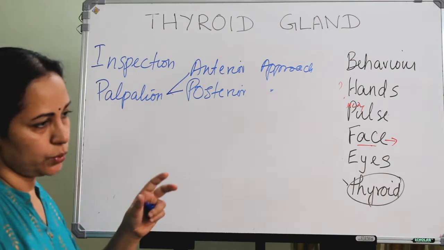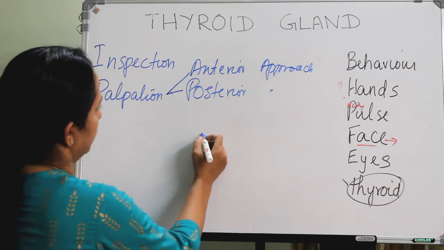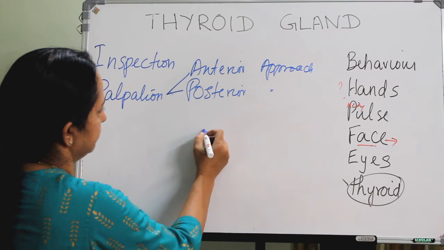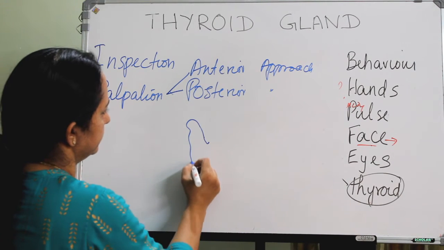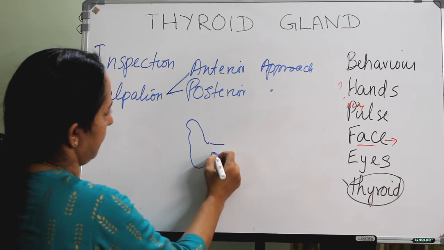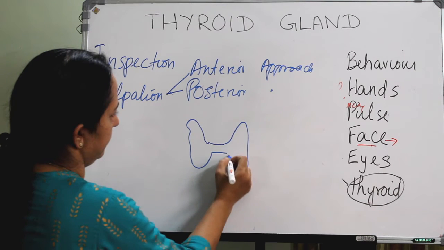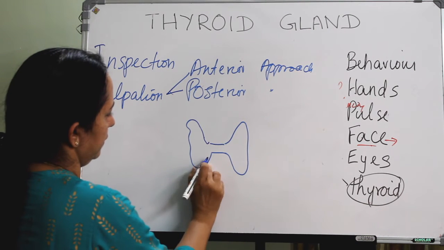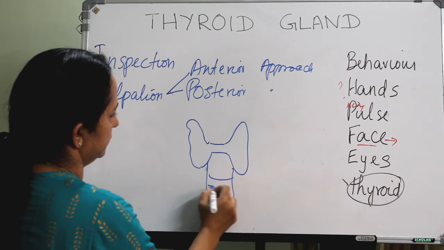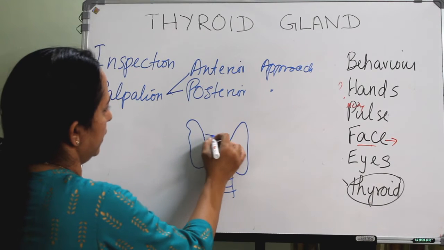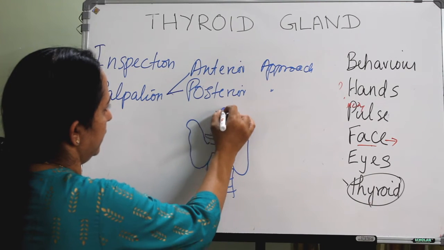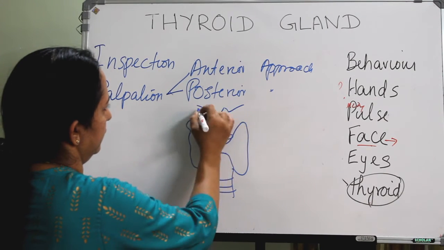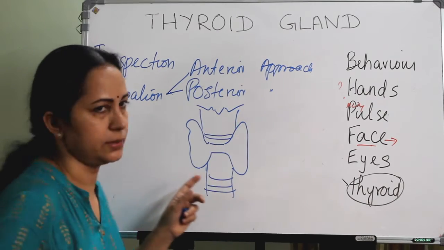So first, this is your thyroid gland, trachea, cricoid cartilage, and thyroid cartilage.